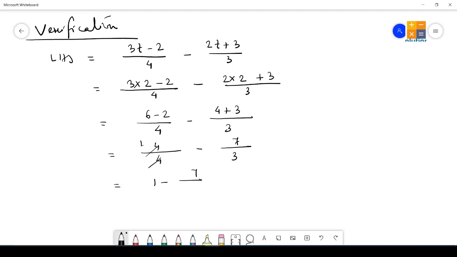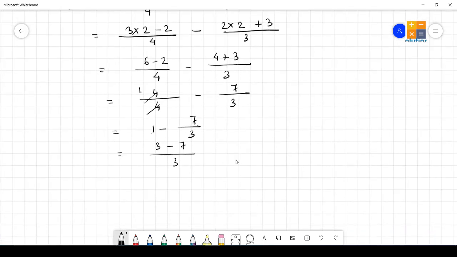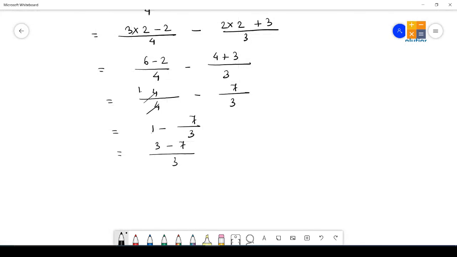So 1 minus 7 by 3, let's take the LCM here. Of course it is 3, then 1 will be directly multiplied with 3 to give us the result 3 minus 7. So after this, what result shall we be getting? Of course, the result comes as minus 4 by 3. So this is the result on the left hand side.